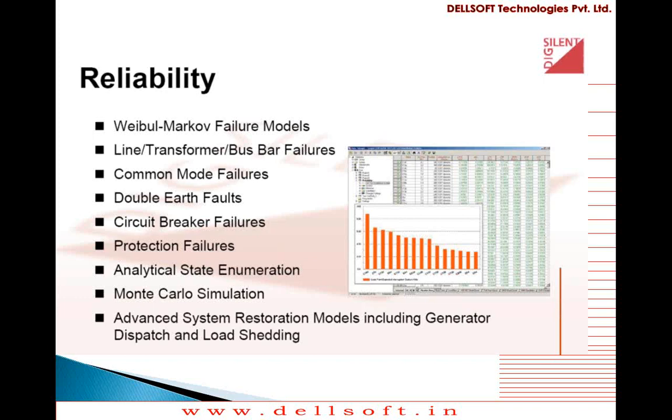We can also do Monte Carlo simulation in reliability analysis. Advanced system restoration models, including generator dispatch and load shedding methods, are there for restoration of generation in any section or the whole section of the network. That kind of reliability check we can do throughout our section.